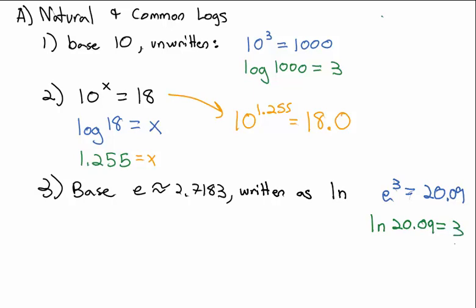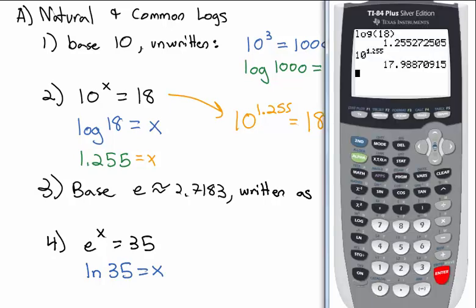So no base written. Natural log implies the base is e. And that allows us to solve problems like e to the x equals 35. Because we just change that to a log, and because the base is e, we'll write it's a natural log of 35 is equal to the x.